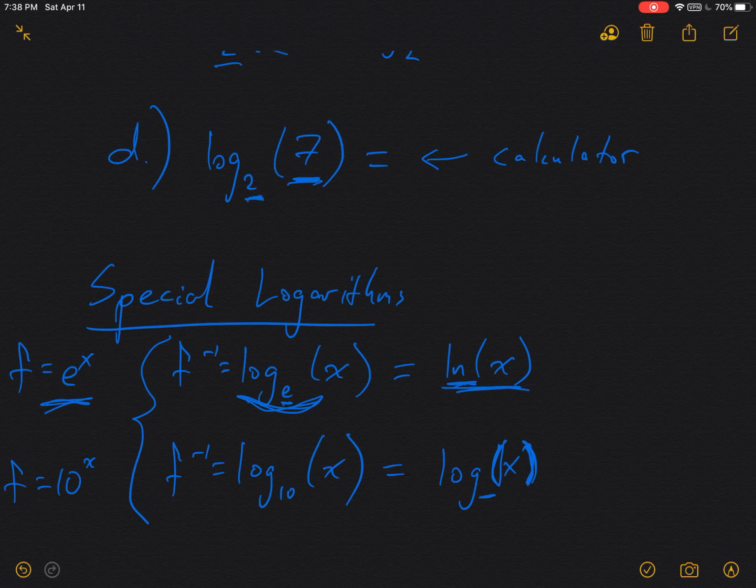Every logarithm has a base, but in these two cases, we're not going to actually write the base. ln is the inverse of e to the x, and log of x is the inverse of 10 to the x. These are some shorthands that we might use. If you don't want to use the shorthand, it's okay with me if you write them this way. But ordinarily, we wouldn't write log base e, we would just write the natural logarithm.